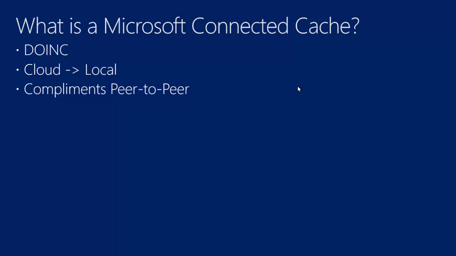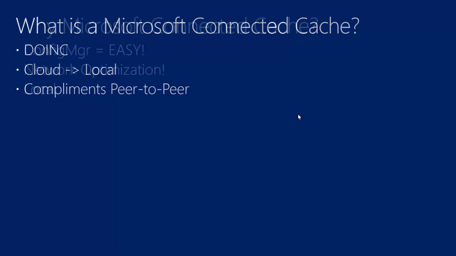Now, you can still pull it from peers if you need to. You'll see that. But it is another source that will work with delivery optimization. So it will complement peer-to-peer, right? It works alongside delivery optimization and complements what you can do with peer-to-peer in the delivery optimization world.